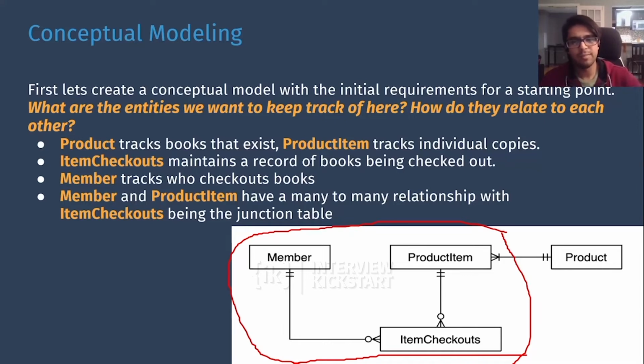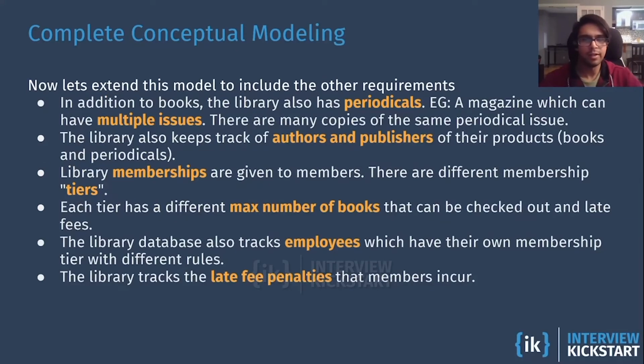So there is a many-to-many relationship here between member and product item, but we have item checkouts here that's basically serving as the junction table to connect them. Okay, so this is pretty much our initial ERD. And what I would do at this point is basically go on to extend it and bring in those additional requirements that we had, right?